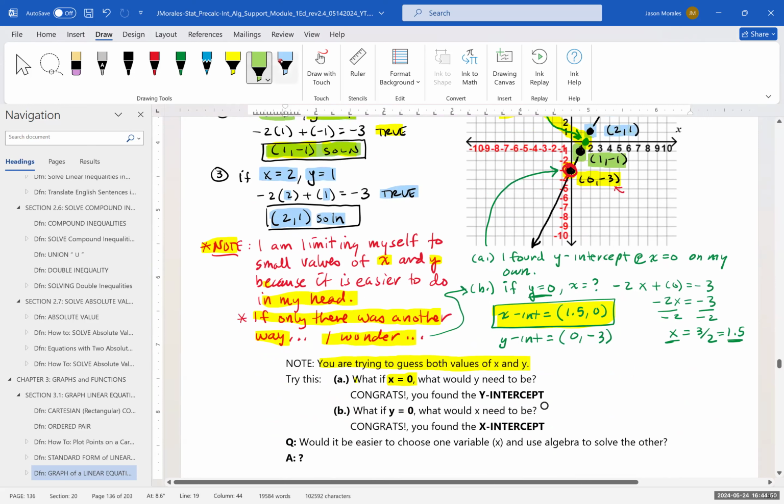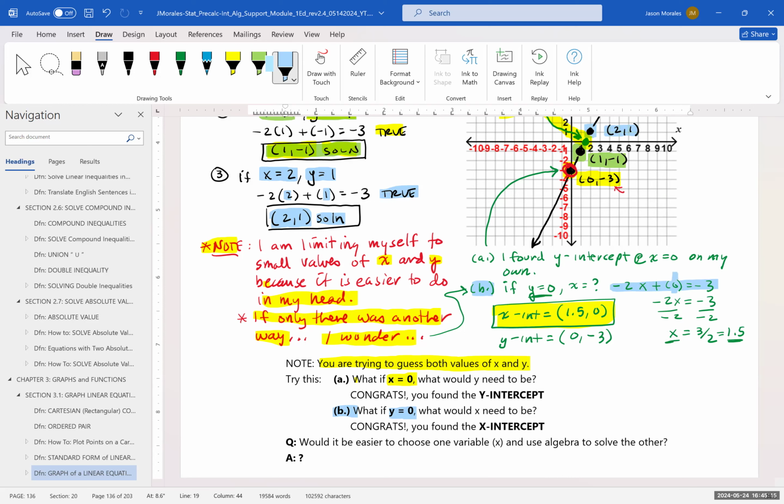Now, what if y was equal to 0? What would x need to be? This is part B. If y equals 0, then what's x? We can take our linear equation in standard form and put 0 in for y.